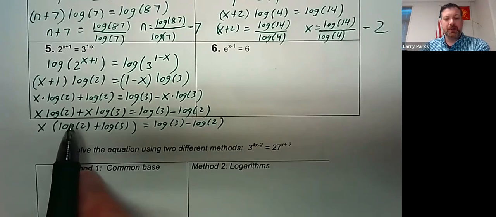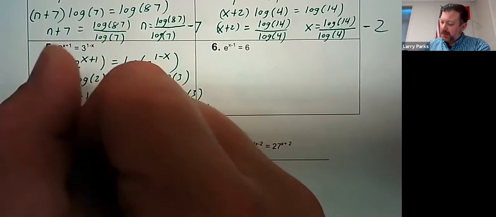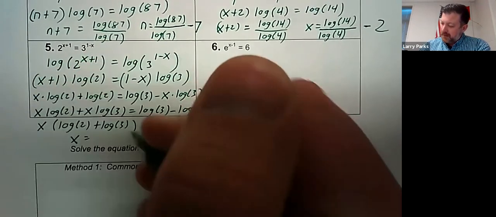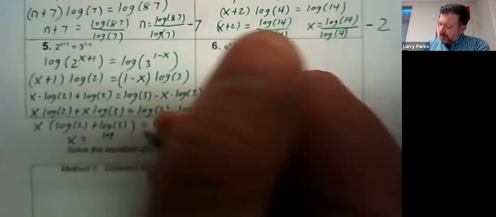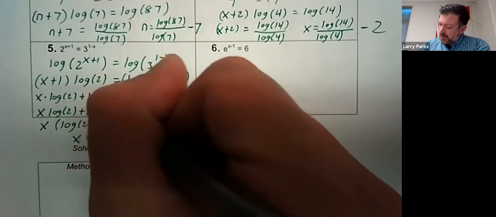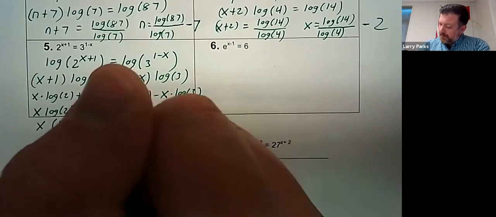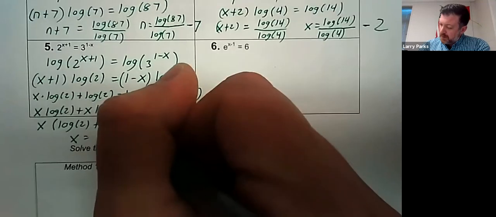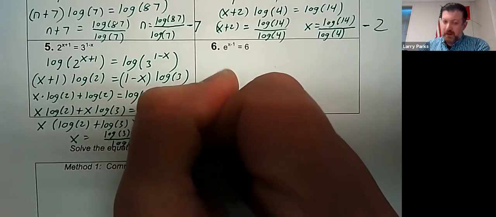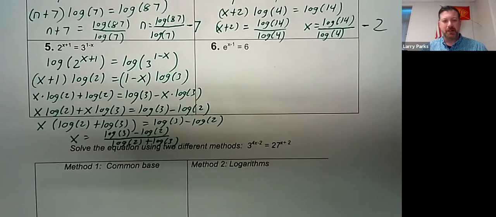And then divide both sides by log of 2 plus log of 3. That involved quite a bit of work, so now I need to type that in my calculator.